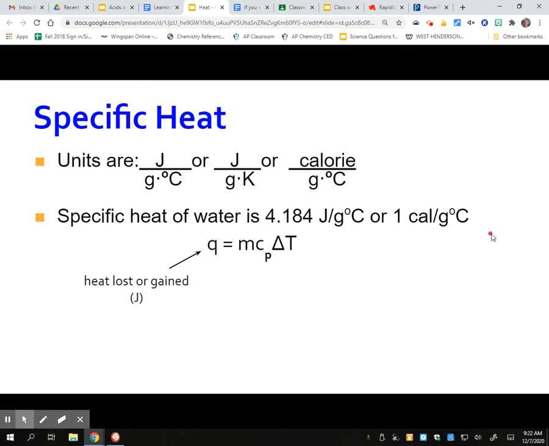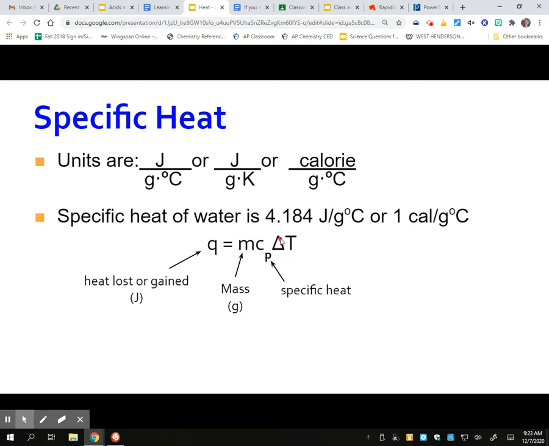Then M is mass, so those two parts are the same. The next one, C sub P, is our specific heat, and it's going to have units of joules per gram degree C, or joules per gram Kelvin, whatever we happen to be dealing with. Now, this right here is our next variable, delta T. Delta is a Greek letter that looks like a triangle, but let's call it delta and not the little triangle.